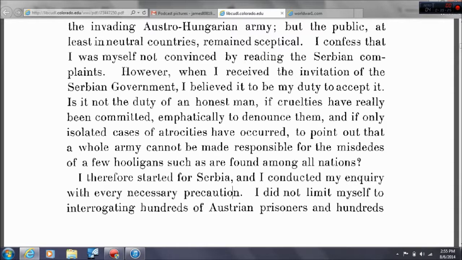Of his investigation, Reiss wrote, "I did not limit myself to interrogating hundreds of Austrian prisoners and hundreds of eyewitnesses. I went to the spot, sometimes with shells bursting around me, to inform myself of everything that it was possible to investigate. I opened graves, I examined the dead and wounded, I visited bombarded towns, I went into houses, and I carried on the scientific inquiry using the most scrupulous methods."